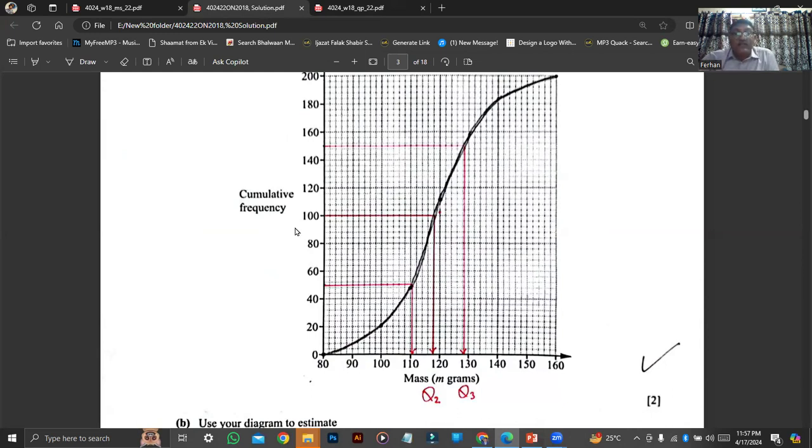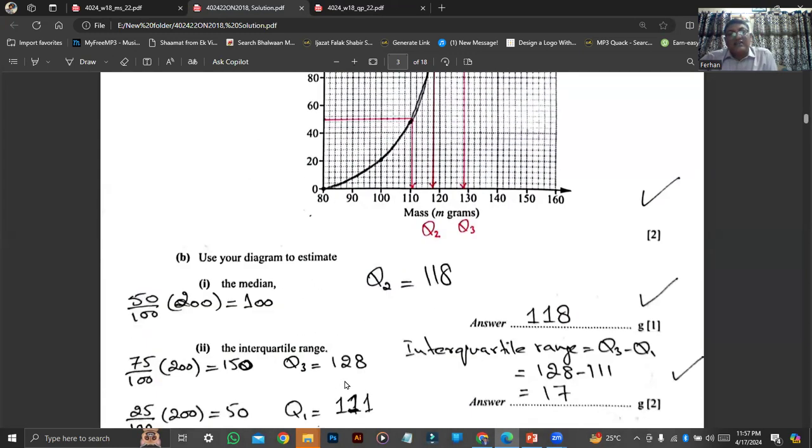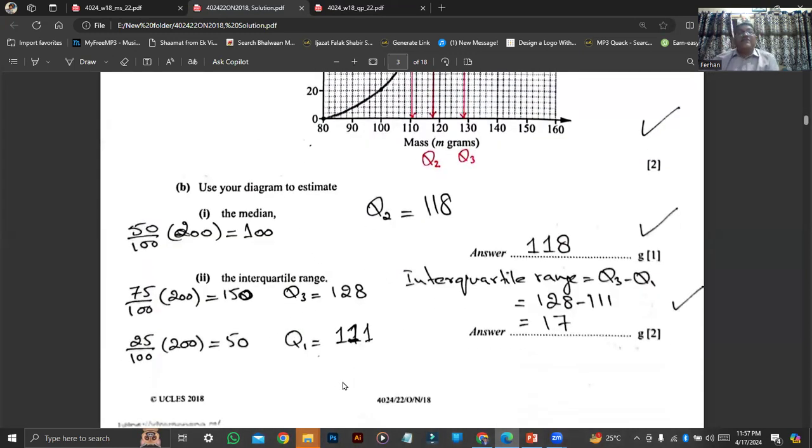I will check the 100 on the y-axis. From there, I will go to the graph, that cumulative frequency curve. When it intersects the cumulative frequency curve, I will check the value of the mass under that point. And that is, I think, 118. So the median will be 118.